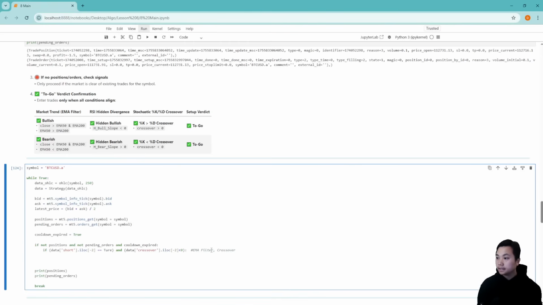The third layer is the momentum confirmation. That is the RSI Hidden Divergence. And what I'm going to do here is to get the next look value from this page.